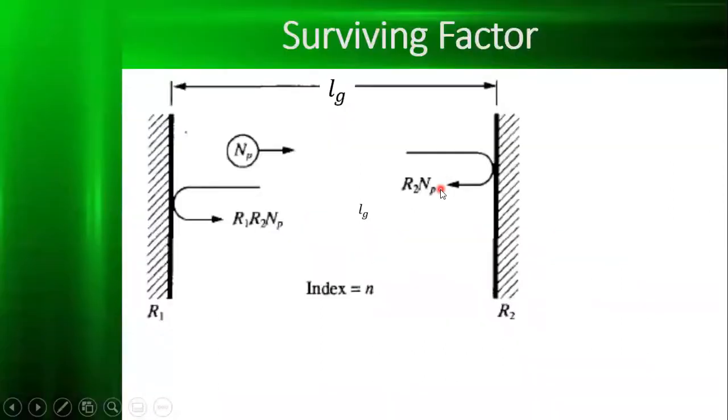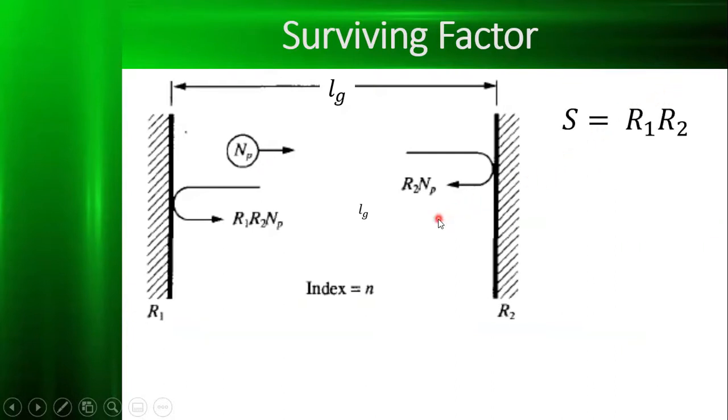Then, in chapter number 4, we went together to the concepts of cavity, where we have an electromagnetic wave propagating between the two mirrors, and we found together what's called the surviving factor, which equals R1 R2 in general.